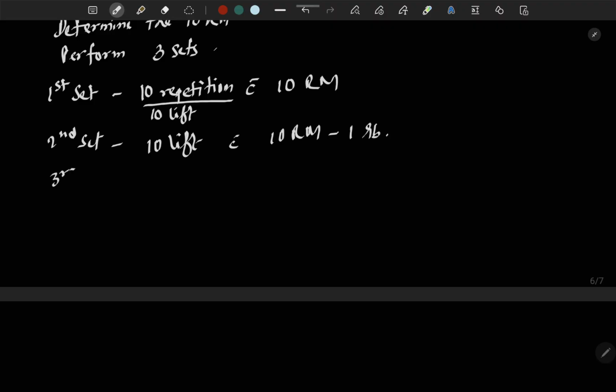Third set is 10 lifts with 10 RM minus 2 pounds.